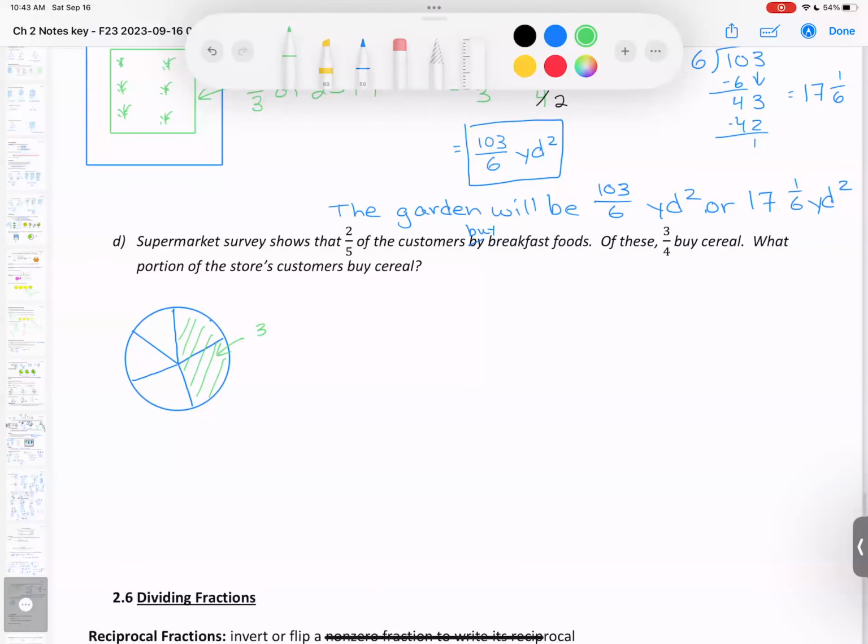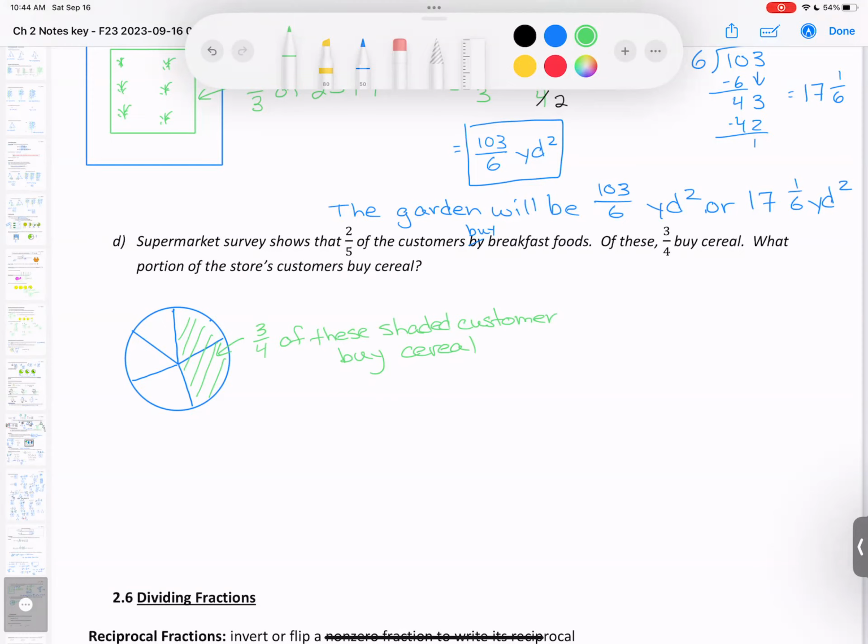3/4 of these shaded customers buy cereal. So what we're looking for is to find out what 3/4 of this 2/5 would equal.